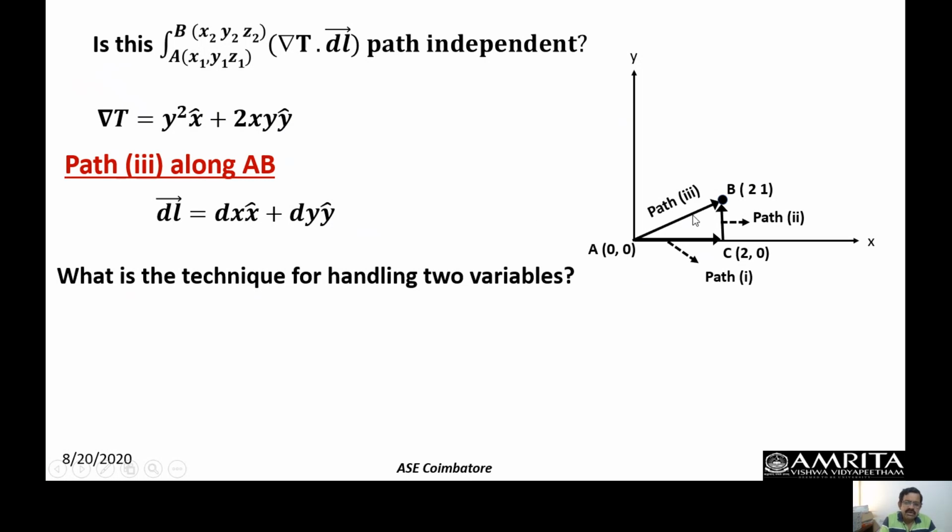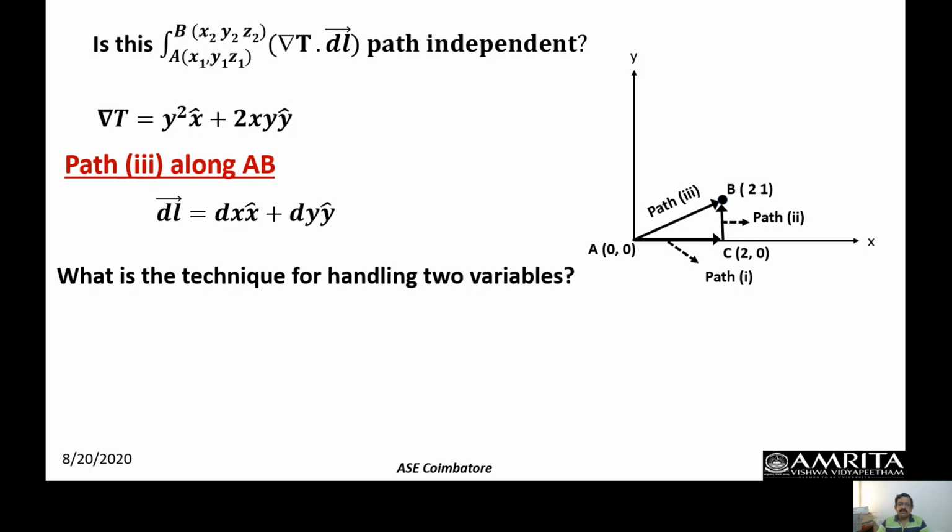The way out will be to find a relationship between these variables, so that I can bring the entire equation into one single variable. Then it is easy to handle. This is the nuance or the method, the subtle information that I want to present through this problem.